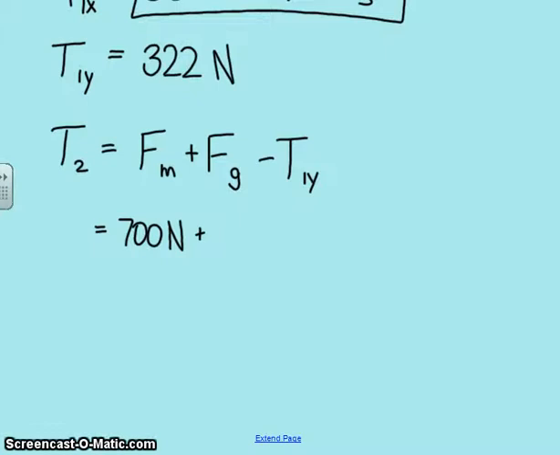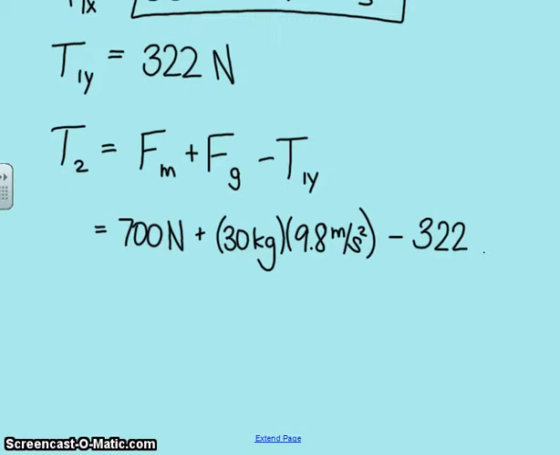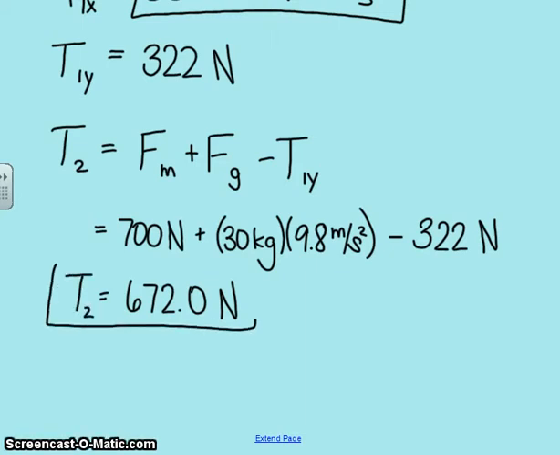The plank, it tells us, has a mass of 30 kilograms, times 9.8 meters per second squared, again positive because you notice there's no vector symbols there, minus 322 newtons. Plug all of that into my calculator and I find that T2 is 672 newtons. And so that's my third unknown, and I have finished the problem now.